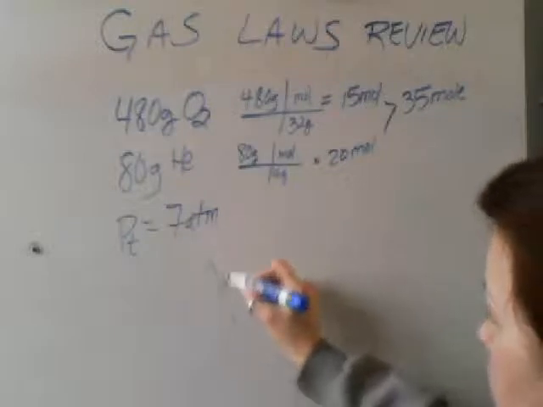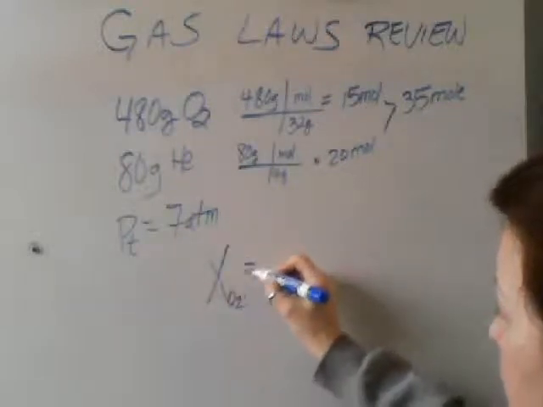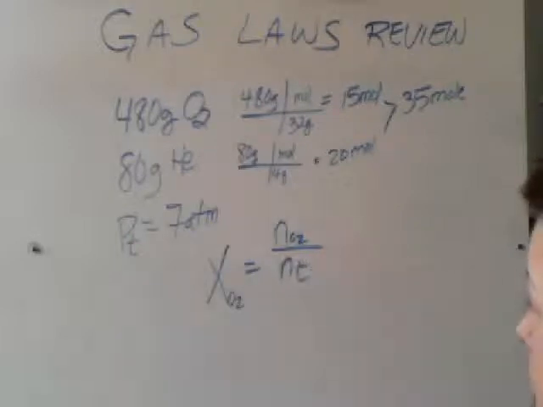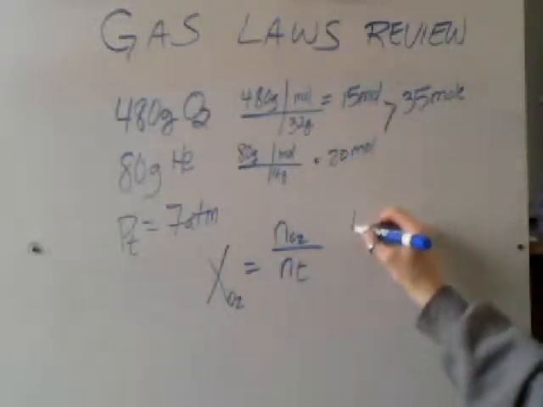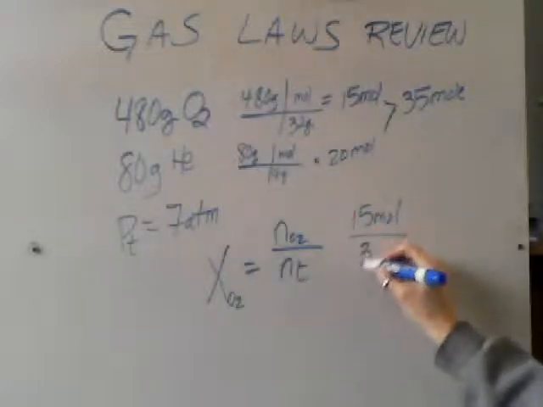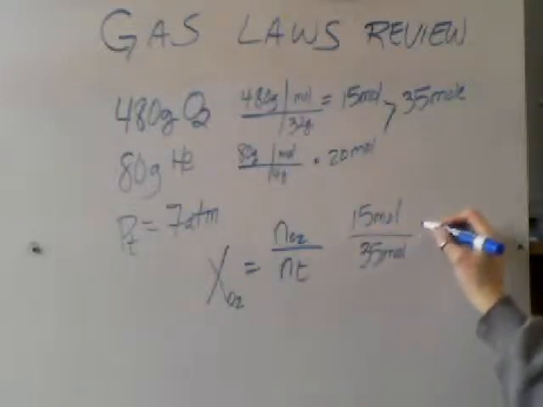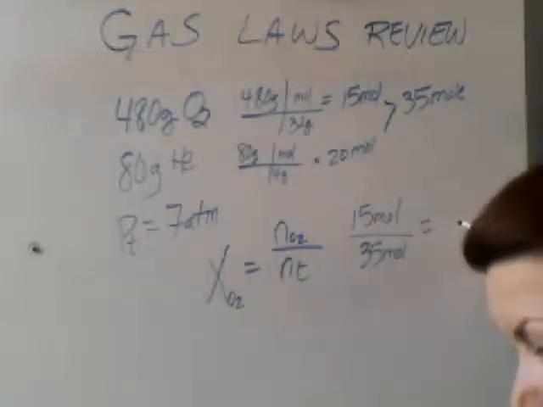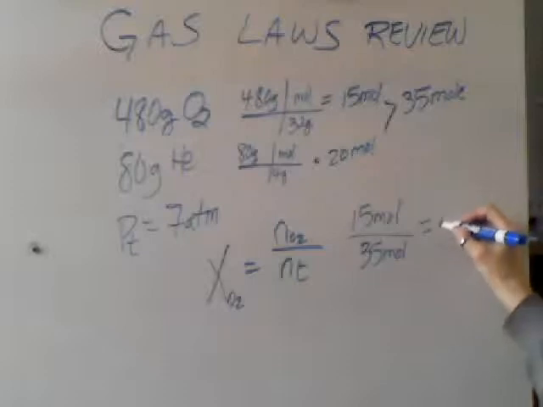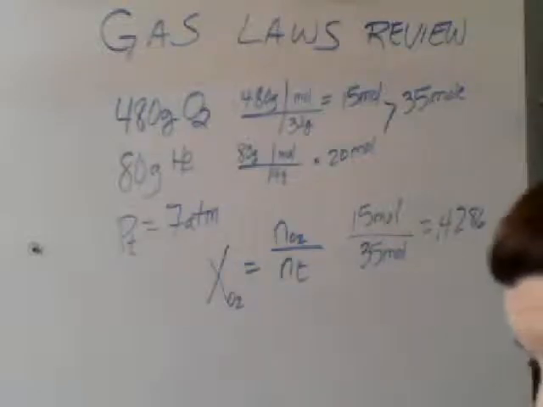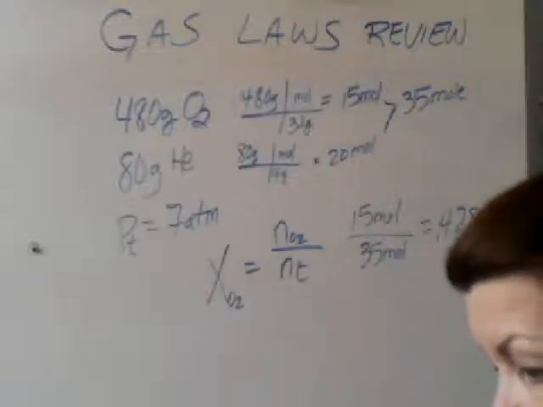Question D says, what is the mole fraction of oxygen? So our mole fraction equation, mole fraction of oxygen, is going to equal the moles of oxygen divided by the total moles. We've just solved up here that we have 15 moles of oxygen and we have 35 moles total in our tank. And so the mole fraction for oxygen is 0.4286, or oxygen takes up 42.86% of our gas in our system.